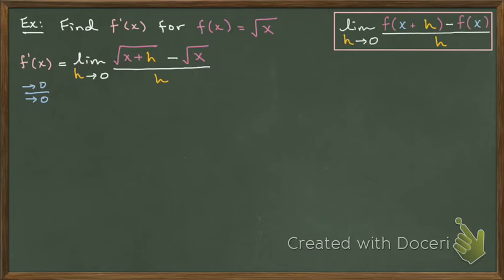In a situation like this, we were able to evaluate limits like this before. You might have had square root of x plus 2 minus square root of x divided by h as h goes to 0, or something similar, and what we did is multiply by the conjugate. That format does not change here.